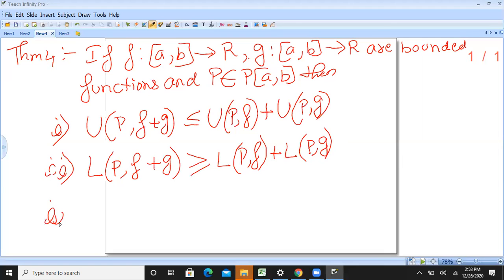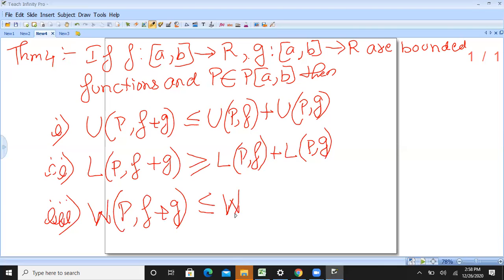In the third proof, W(P, f+g) is less than or equal to W(P, f) + W(P, g).